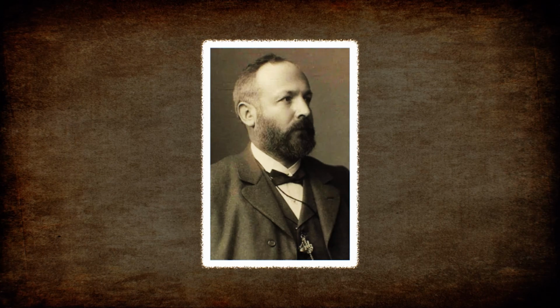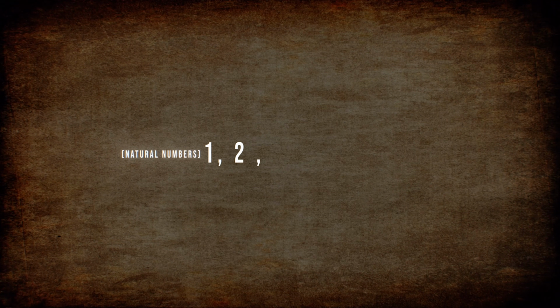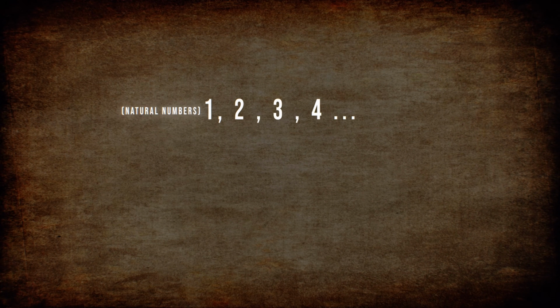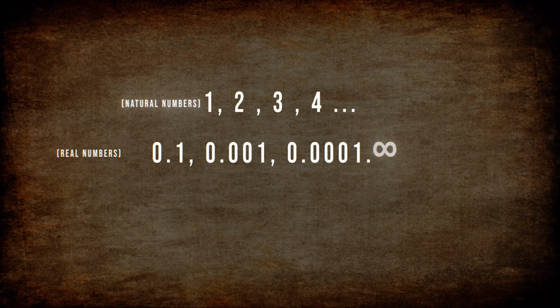Cantor began with the simple idea of natural numbers: 1, 2, 3, and so on. These numbers stretch on infinitely, forming a set that feels endless. But he then turned his attention to a different set, the real numbers, which include not only whole numbers, but also the decimals between them, like 0.1, 0.001, or 0.0001, extending endlessly.